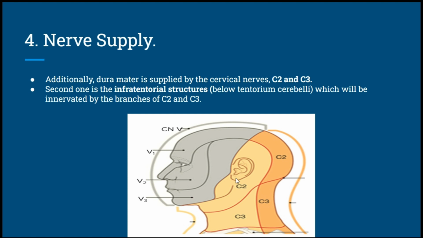So over here are the infratentorial structures that are supplied by C2 and C3. This is just a basic, very simple nerve supply. Supratentorial, cranial nerve 5, trigeminal nerve. Below, infratentorial structures, below the tentorium cerebelli, are supplied by spinal nerves C2 and C3.